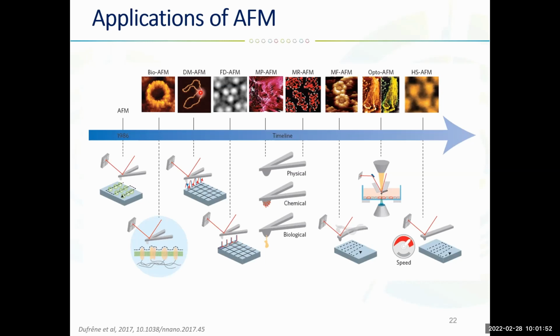Initially, such properties were measured by approaching the AFM tip to the surface and then retracting it from the biological sample while recording a single force distance curve. That's why this AFM is called force distance curve-based AFM.